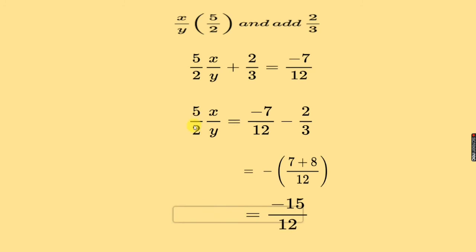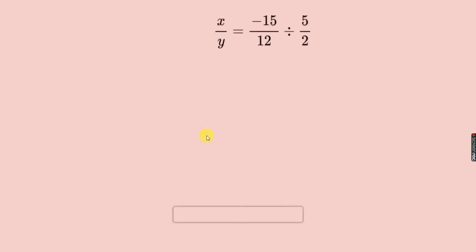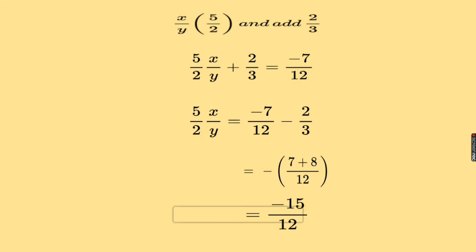On this side, we are moving 5 upon 2, 5x upon 2y. This 5 upon 2 is multiplied with x upon y, but when we transpose it to the other side, it would go in the division sign.